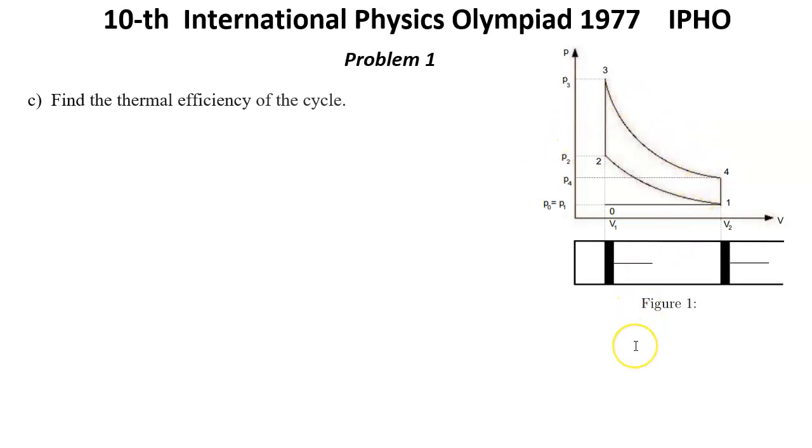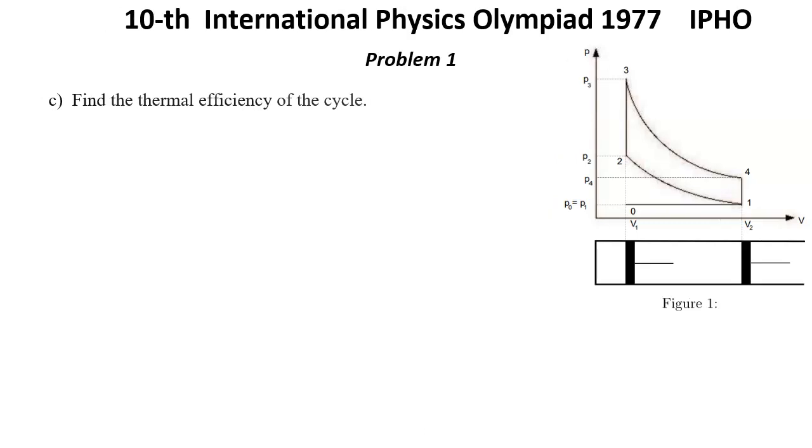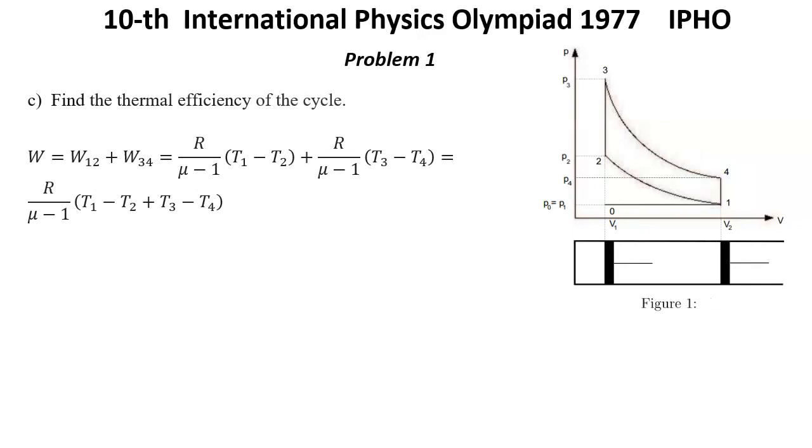On the other hand, work is done on the mixture during the compression 1-2. No work is done by the gas during the processes 2-3 and 4-1. The heat is supplied to the gas only during the process 2-3. The net work done by 1 mole of the gas is W12 plus W34, which is this expression.